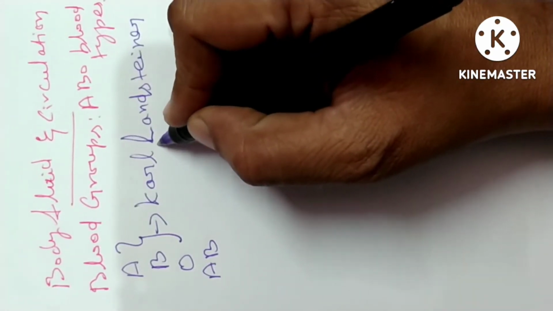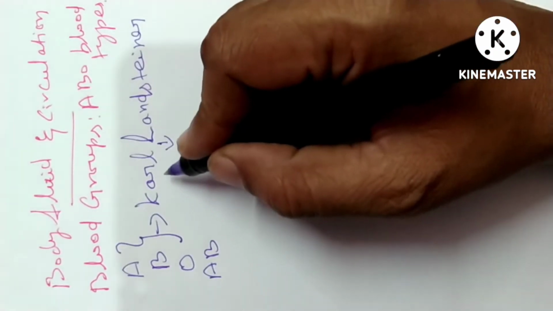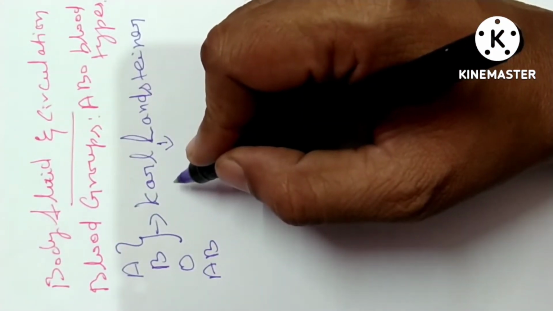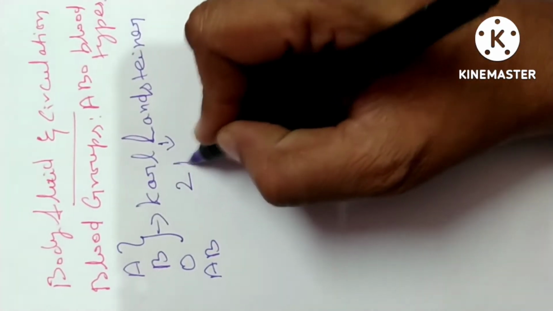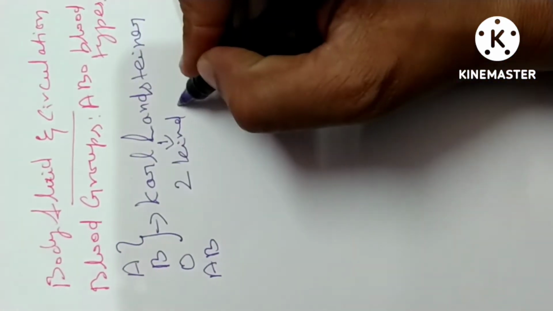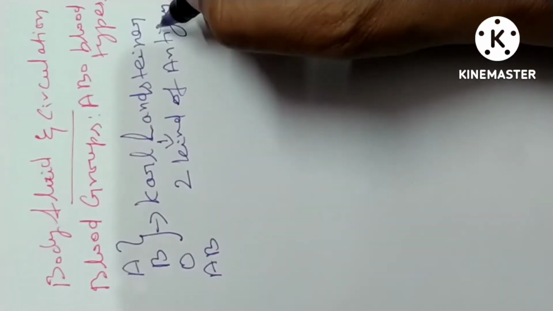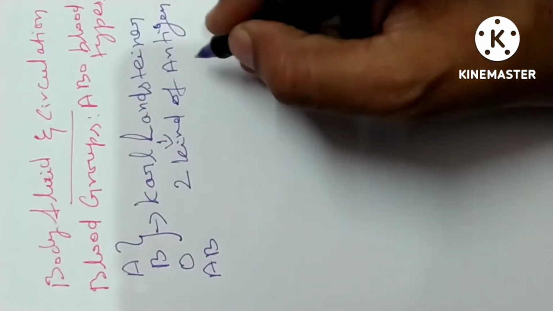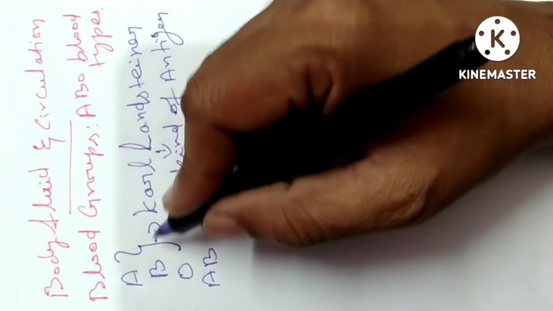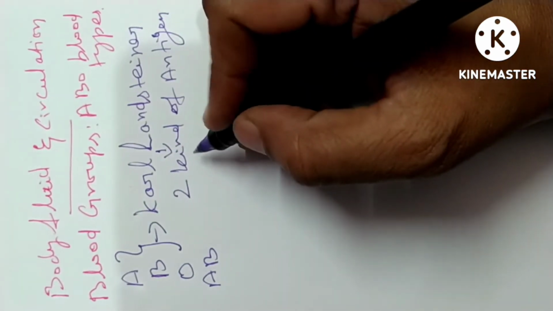Carl Landsteiner discovered that there are two kinds of antigen on the surface of the RBC. A and B are the two kinds of antigen usually present.